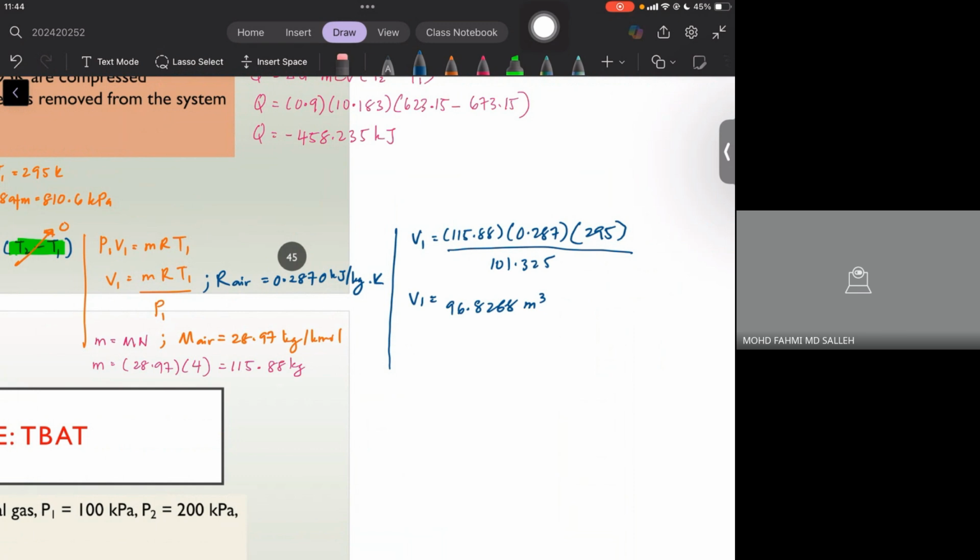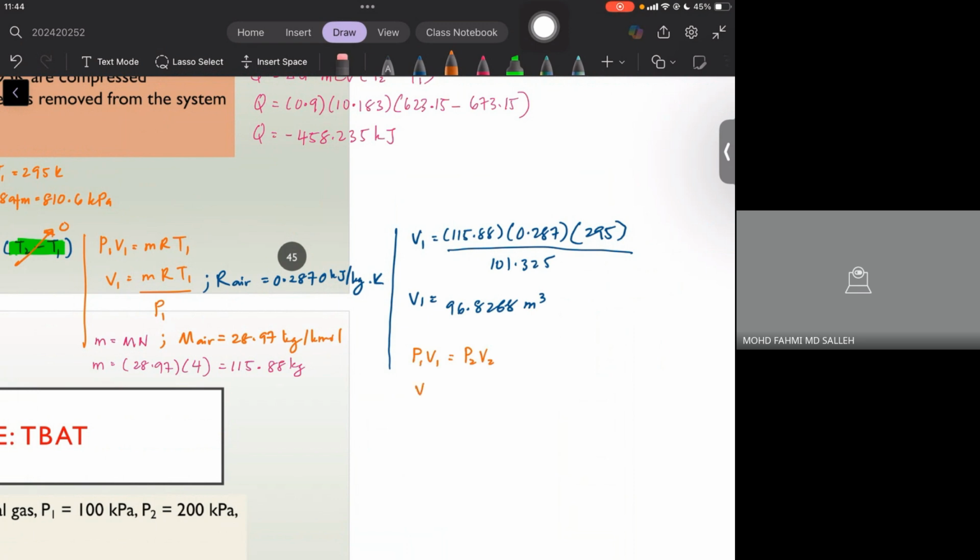Since this process occurs at constant temperature, we can use the relationship P1 V1 equals P2 V2.